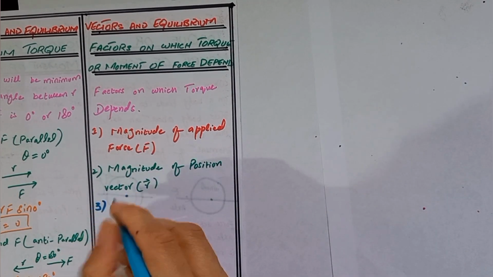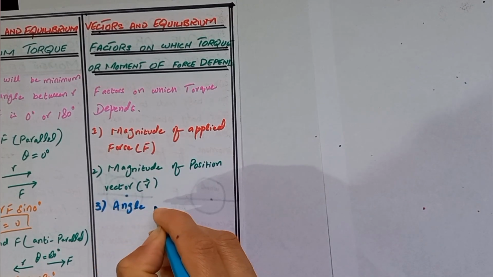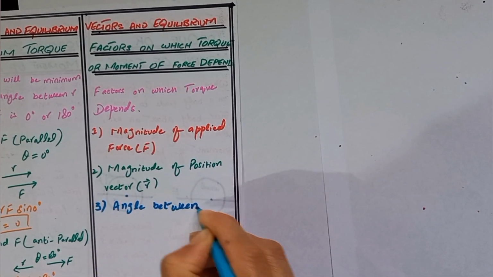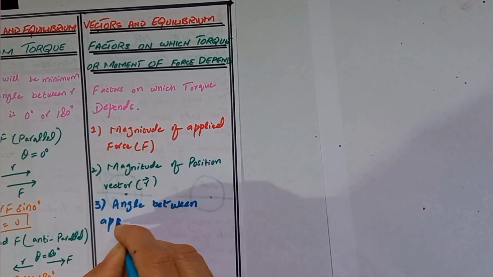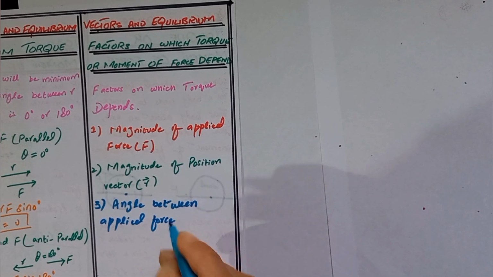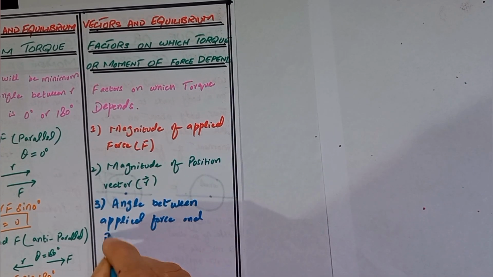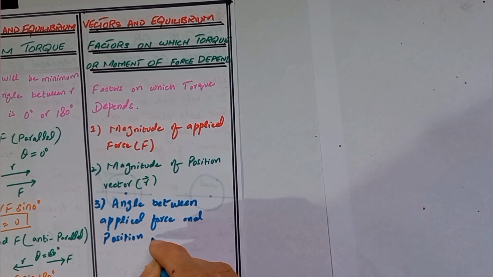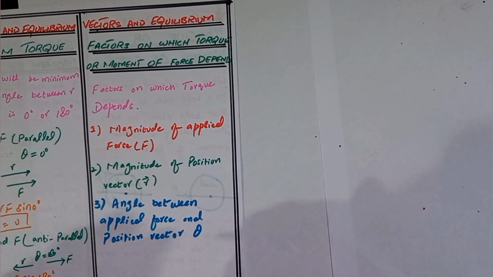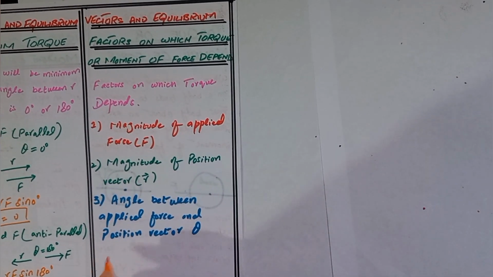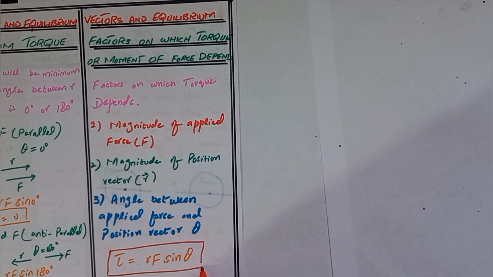Third one is the angle theta between applied force and position vector. So here we write the formula of the torque, that is equal to r F sin theta. These are the three factors on which the torque depends.